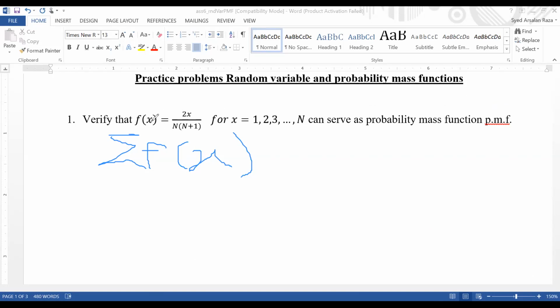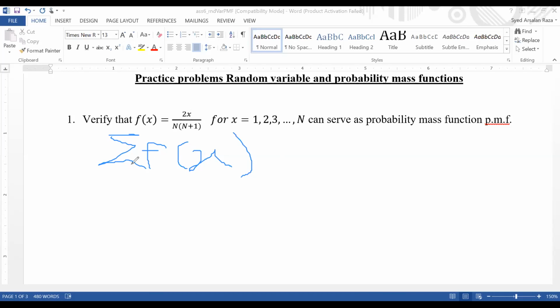In this function, only the x is the variable. Everything is constant. 2 is constant, n is constant, n plus 1 is constant. In a specific situation, the value of n will be given. Suppose 5 natural numbers, so n is 5. Suppose 10 natural numbers, so n is 10.